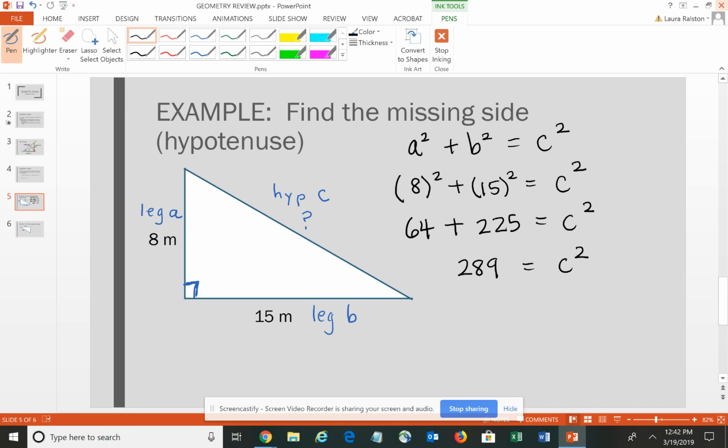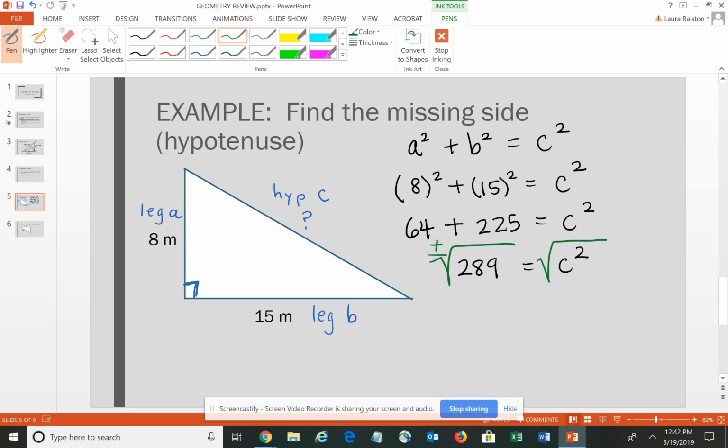Now remember, to undo a square, you need to take the square root. And technically, when you take the square root, remember it could be positive or negative. However, since we're dealing with the length of a side of a geometric figure, it can't be negative.